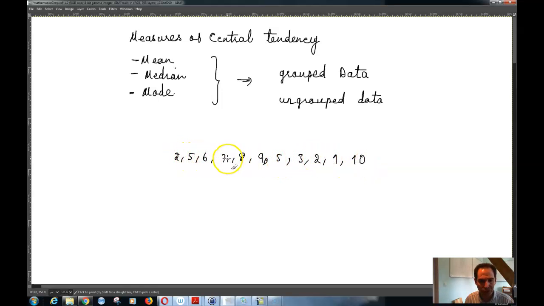You have 11 observations, so here n is equal to 11.